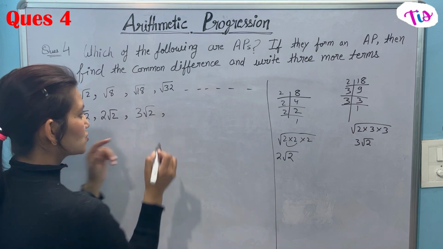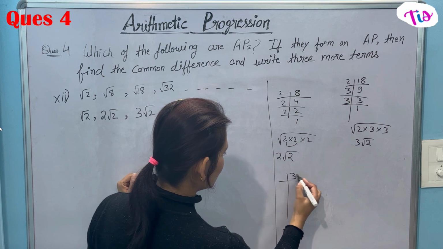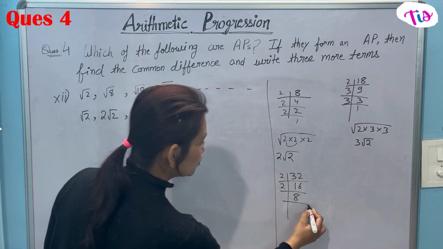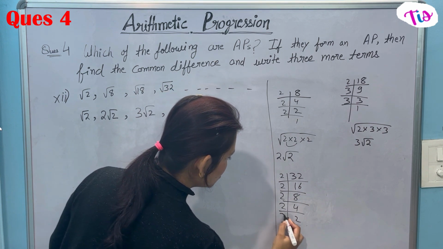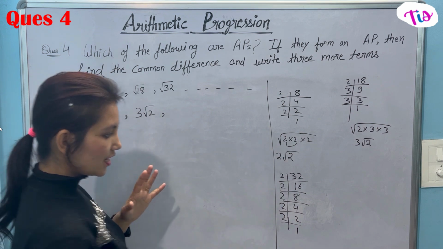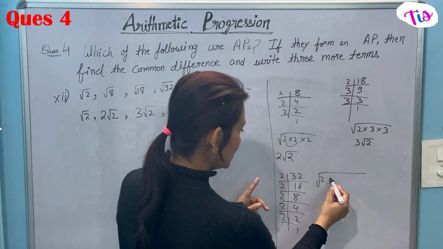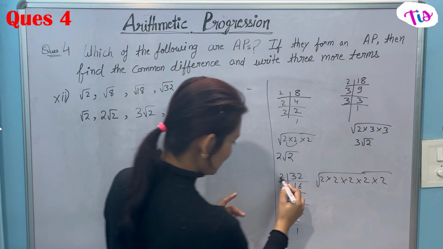Now again we need to simplify root 32. We'll do prime factorization of 32. 32 is 2 times 16, 16 is 2 times 8, 8 is 2 times 4, 4 is 2 times 2, and 2 is 2 times 1. So how can we write 32? 2 into 2 into 2 into 2 into 2, 5 times 2.